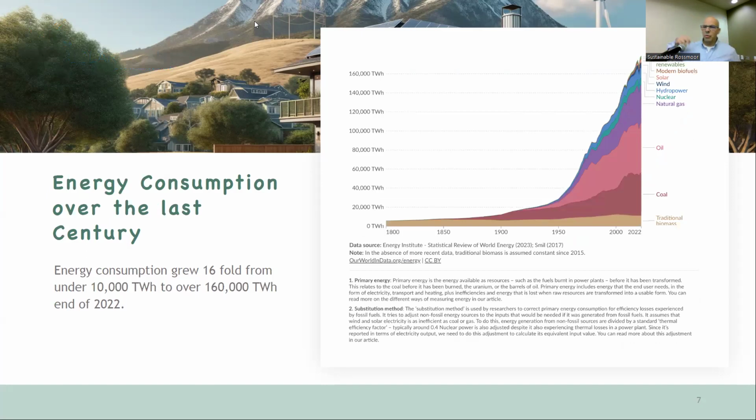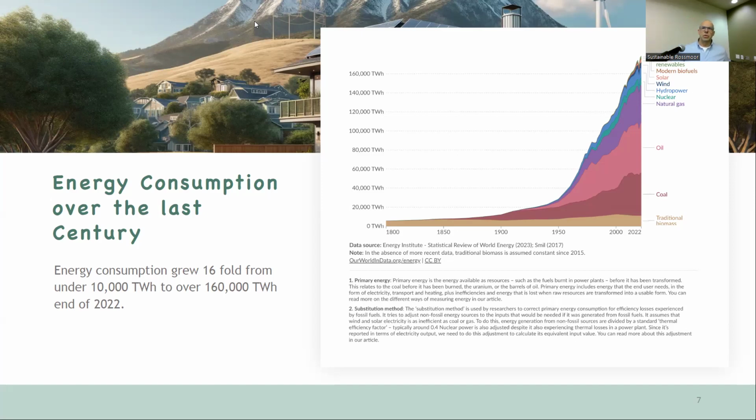Consequently, and of course with the Industrial Revolution, we are extreme in our usage of energy. What you see here, basically the dark red, the pink, and the purple, are fossil fuels.